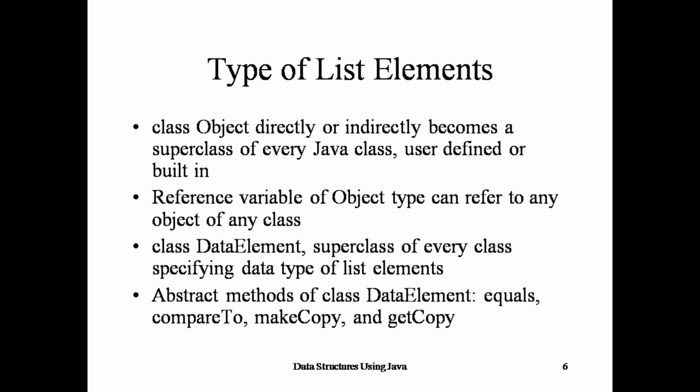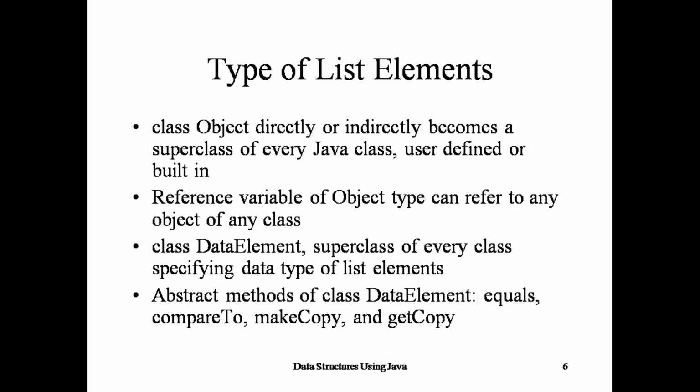To develop generic algorithms to implement list operations, we use the following facts. A subclass object in Java can be regarded as a superclass object. The binding of methods takes place at execution time. That is, binding of methods is dynamic.